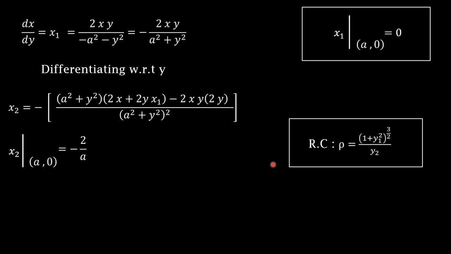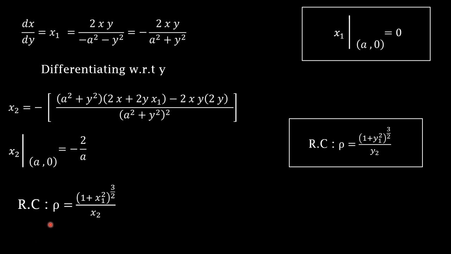So what you have to do over here is, if your y1 or the corresponding derivatives does not exist, in that case the radius of curvature, replace your y1 and y2 by the corresponding values of x1 and x2.